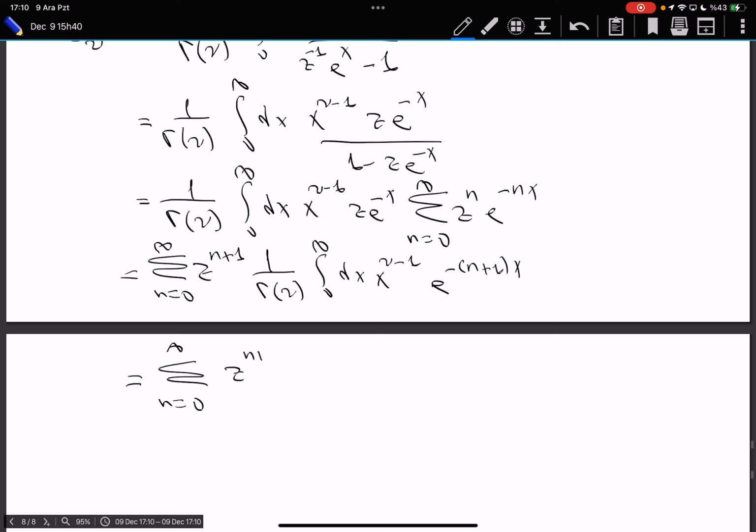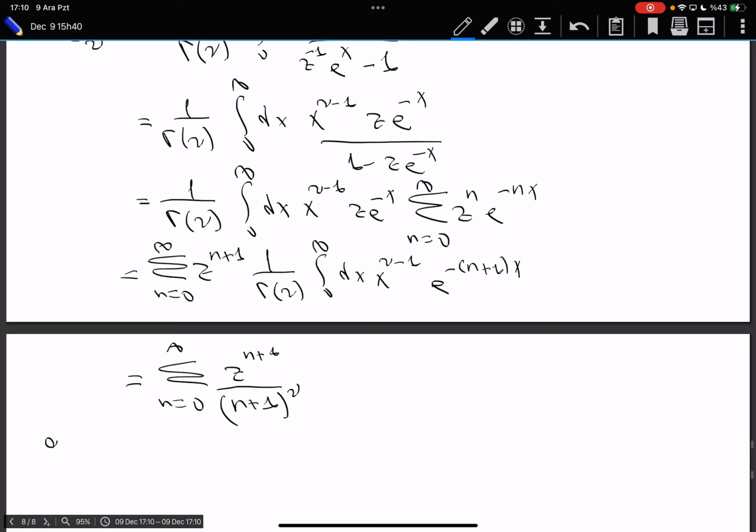If you make a change of variable, y equal to n plus 1 times x, you get z to the n plus 1 divided by n plus 1 to the power nu. And then what remains, the integral, is just gamma nu. It cancels the 1 over gamma nu.